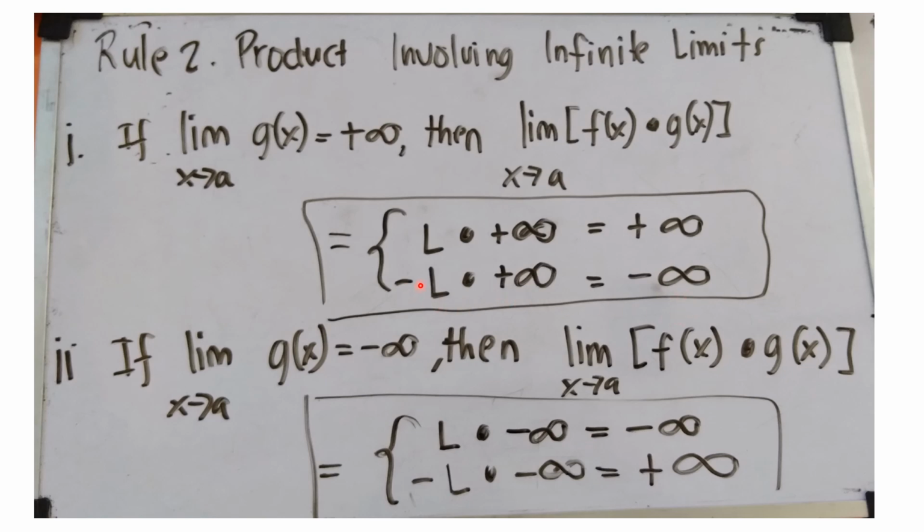Meaning, only the signs are multiplied. A limit times negative infinity is negative infinity, because positive times negative is negative. But a negative limit, for example negative 4 times negative infinity, the answer is positive. What matters is the sign of the limit. Negative times negative, positive. So that's all you need to remember for the product. Rule number 2.